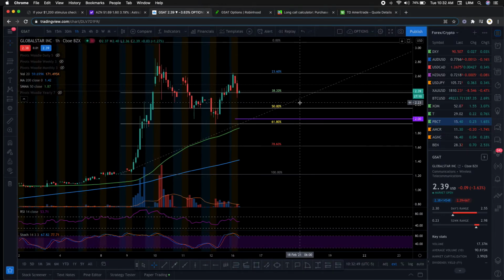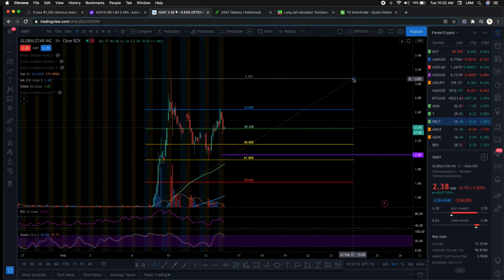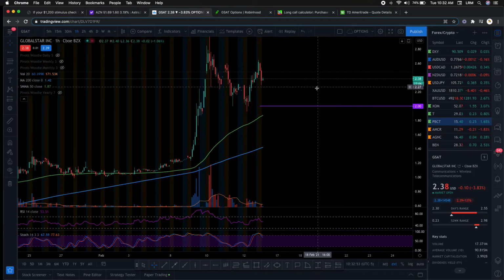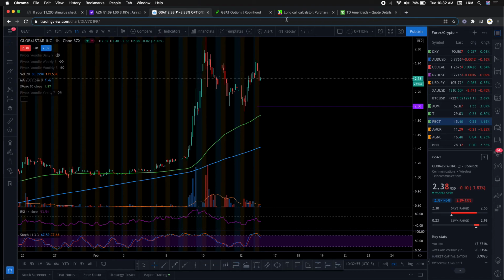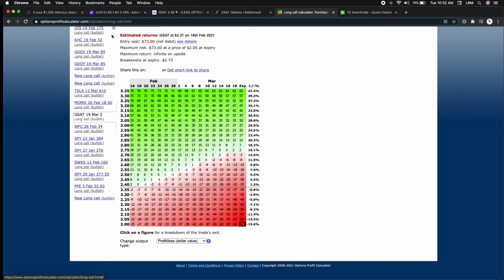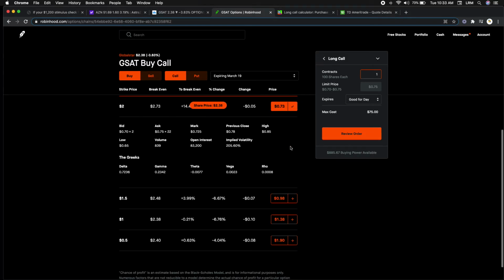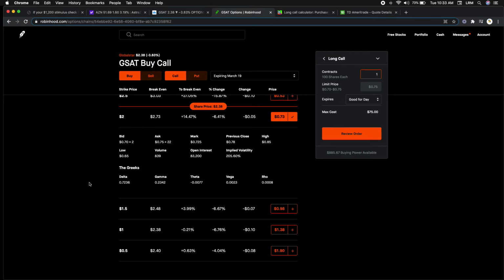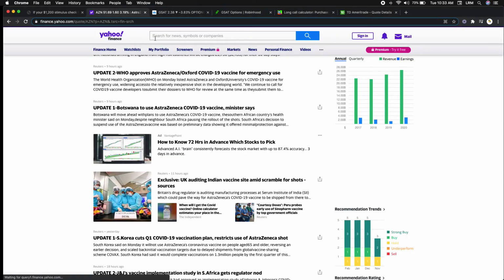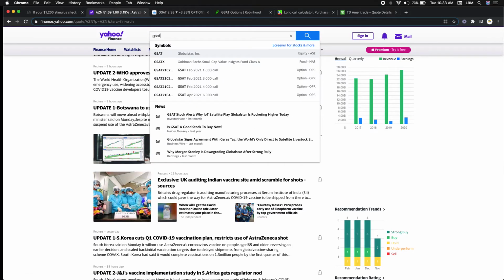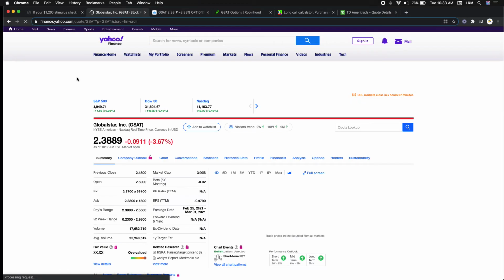All right, so that's how you combine everything, as far as using the options profit calculator, calculating everything. And then you want to make sure you take a screenshot of this, save it somewhere so that you have it on record. And then when you purchase this option, make sure you take a screenshot of the actual contract so you have that. And then whatever news you can find with GSAT, you want to make sure you document that as well.